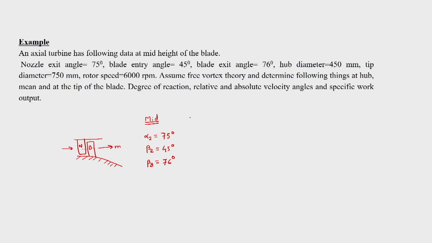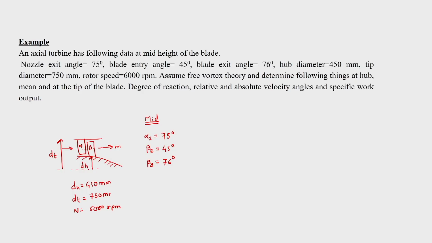Apart from that, we are given the hub diameter DH is 450 mm, the tip diameter DT is equal to 750 mm, and N is equal to 6000 RPM. So this is what is given to us.